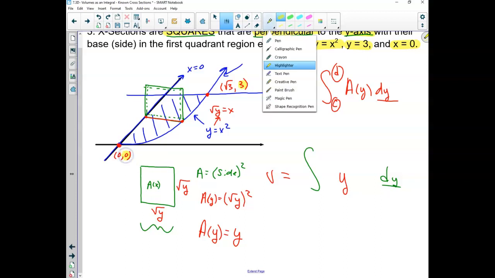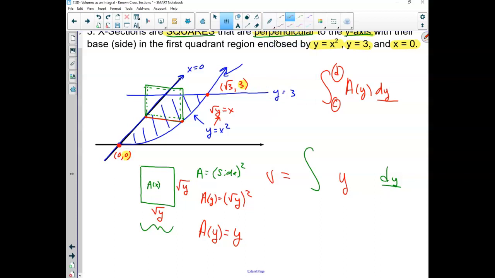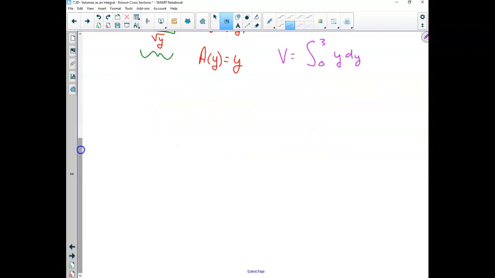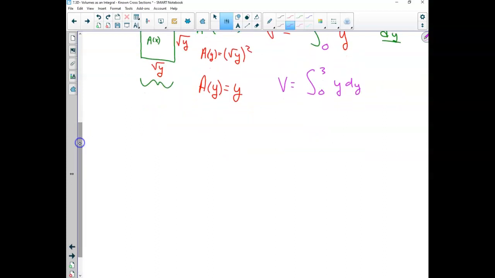All right, so I'm going to come back here and grab that, going from 0 to 3. Let's get that cleaned up. So my volume is going to equal my integral from 0 to 3 of y dy. That's a hard one to integrate now, isn't it? Some of them might be difficult, but that's why we do most of these in our calculator.